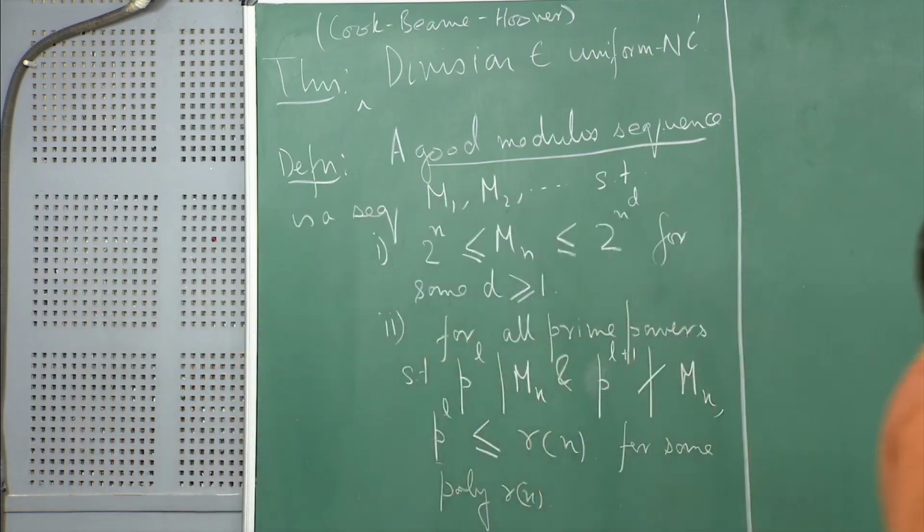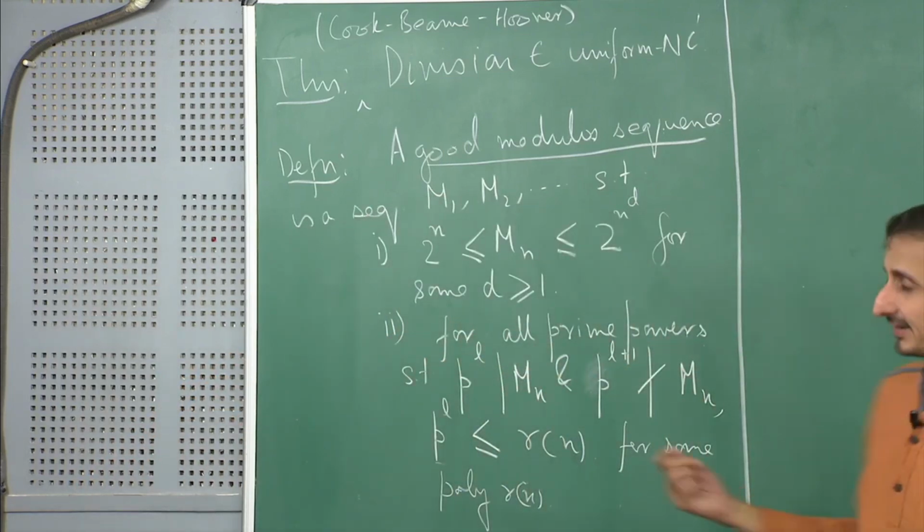Okay. So basically a sequence is a good modulus sequence if there exist two things.